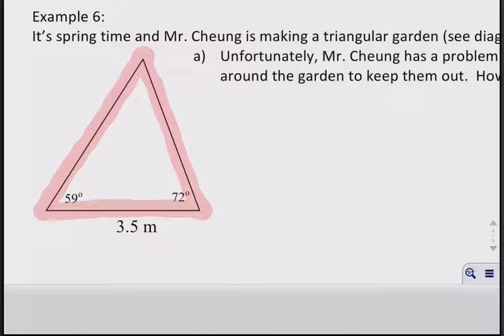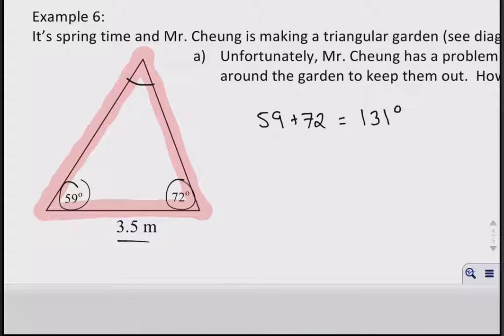So what do we have here? We have a base, we have 2 angles. The third angle I can always figure out. I just subtract from 180 the sum of 59 and 72. So 59 plus 72 will yield 131 degrees.